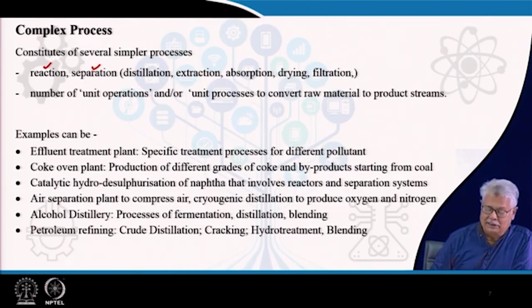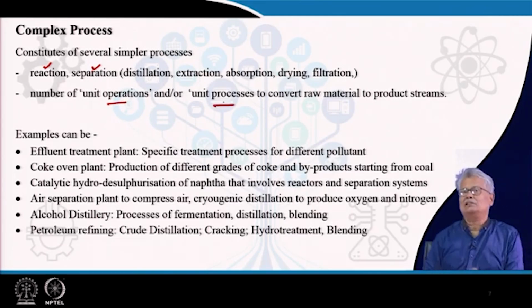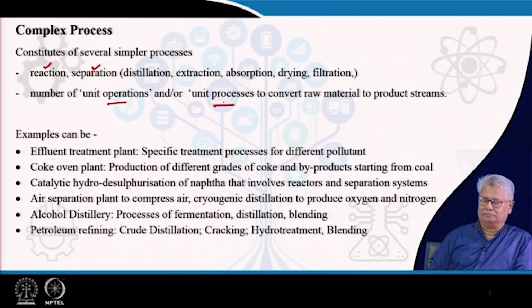You may definitely get involved in different types of unit operations or unit processes, as we have mentioned, and there could be combinations of these as well. I will give you certain examples. The first example is that of an effluent treatment plant.